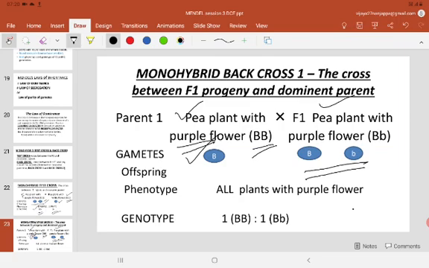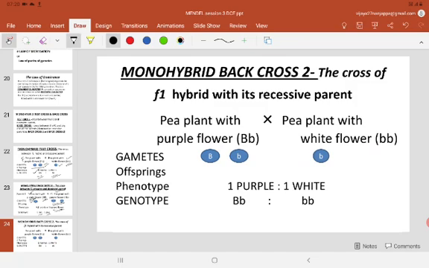Then when fertilization takes place, all the plants produced will have the purple flower. And the genotype of this purple flower is 1:1 ratio of dominant homozygous purple flower with heterozygous purple flower, wherein capital B and capital B, and capital B small b.